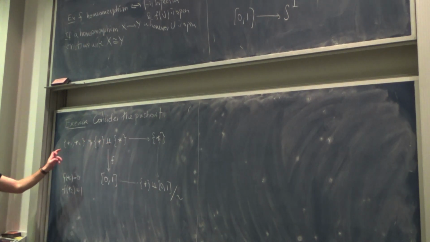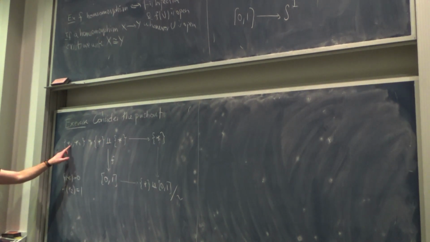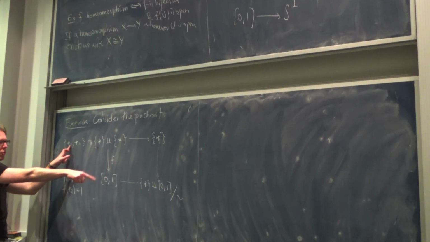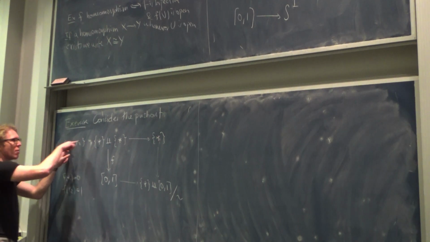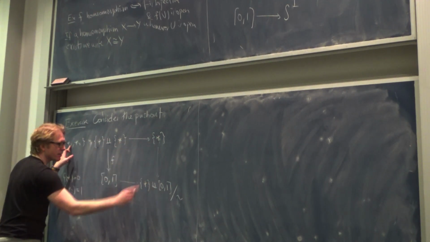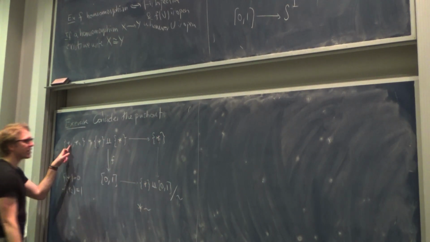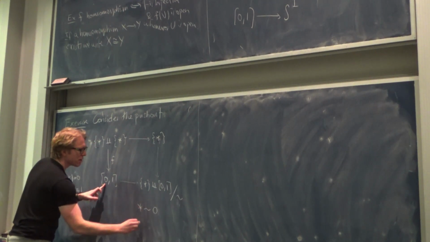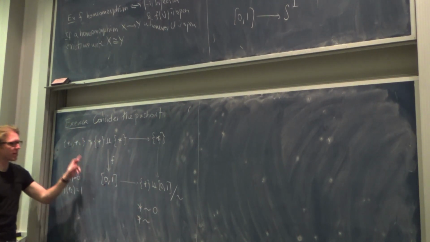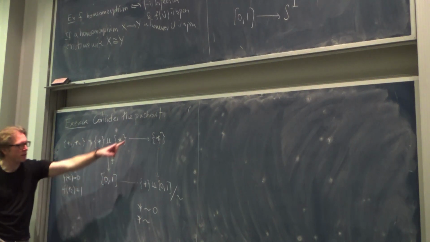So I'll get two equivalences, one for star 1. The relation for star 1 says star 1 going to here, that is the star there, has to be identified with wherever star 1 goes here, which is 0. And the equivalence relation I get by taking star 2 is that 1 is equivalent.